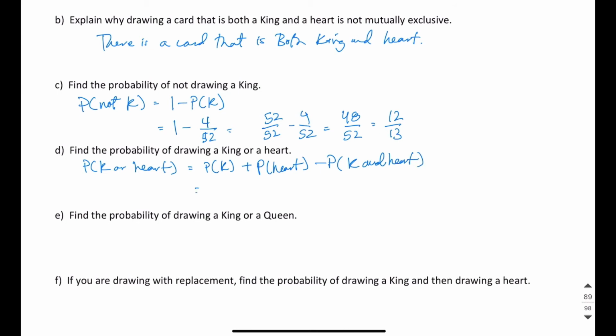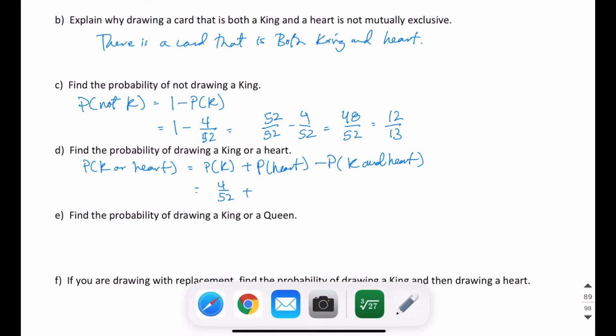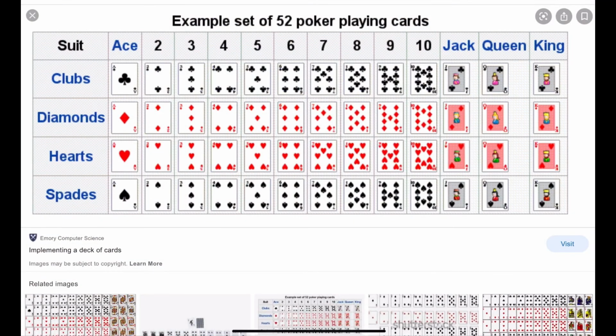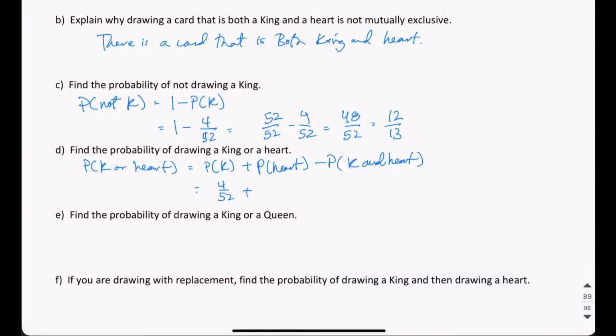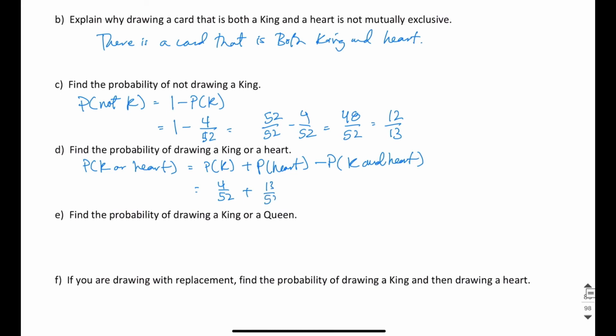The probability of a king was 4 out of 52. The probability of a heart, if we look back at our list, there are 13 hearts out of the 52 cards. So 13 out of 52.